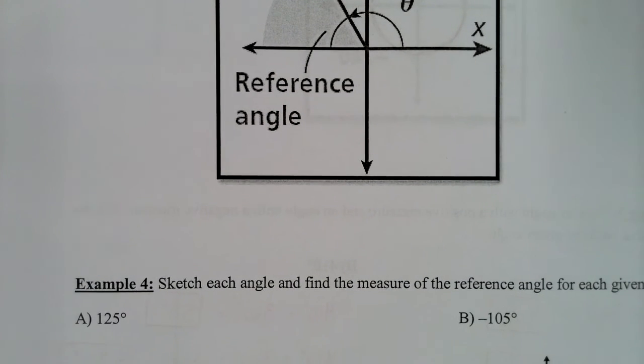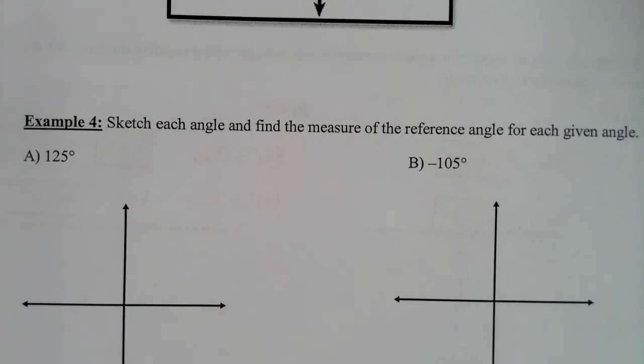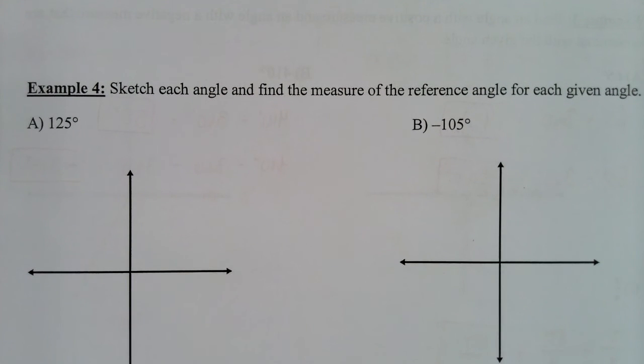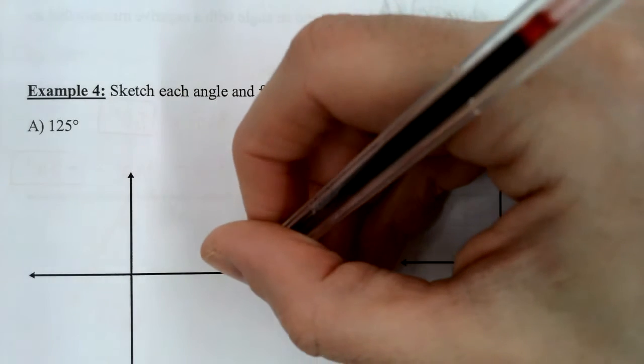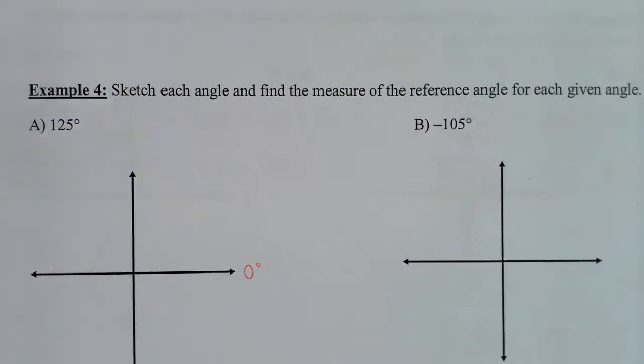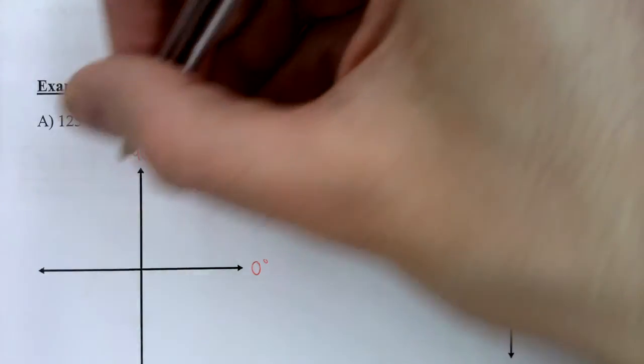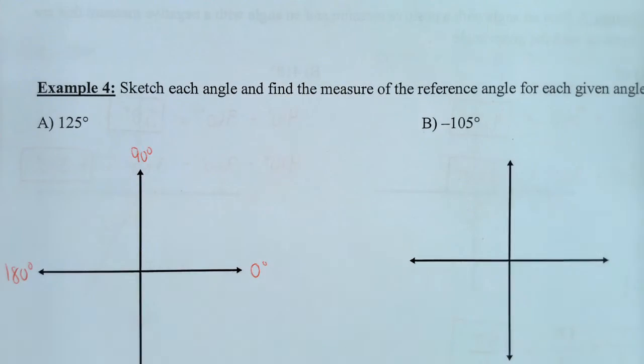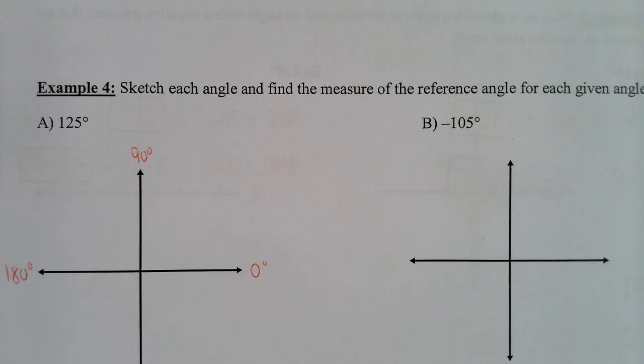Okay. So this last example, sketch each angle and find the measure of the reference angle. So 125 degrees. If this is 0 degrees right there, this will be 90 degrees right there. This will be 180 degrees right there. 125 is between 90 and 180. A little closer to 90, but not that much closer.